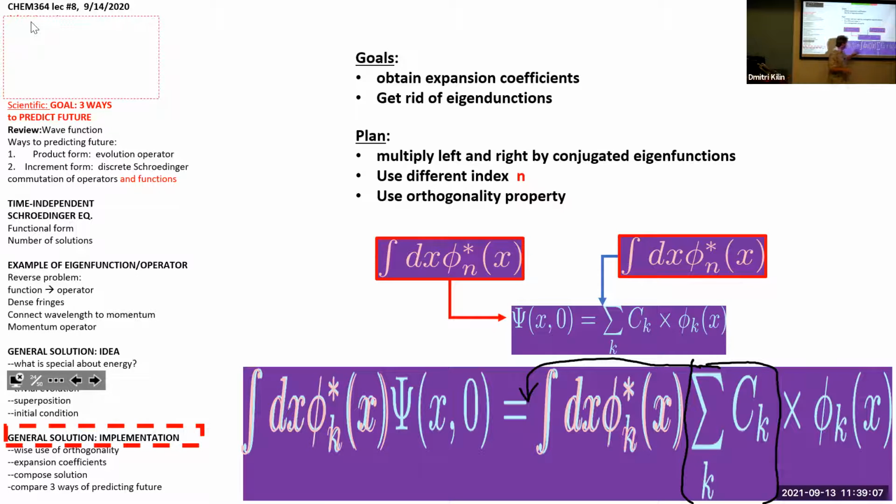So if I put the summation of C sub k at the front and the integration right here, nothing will be wrong. And here it is not a cross product, it's just a space separation of the symbols, so it would be confusing. So I'm going to swap this, and then this integral with this function will be a way to practice orthogonality, to check if they are parallel or perpendicular.